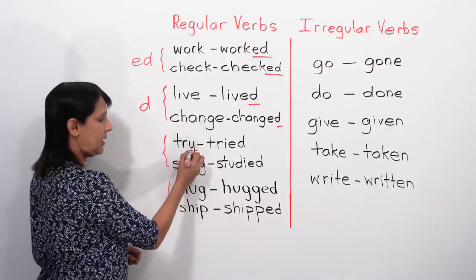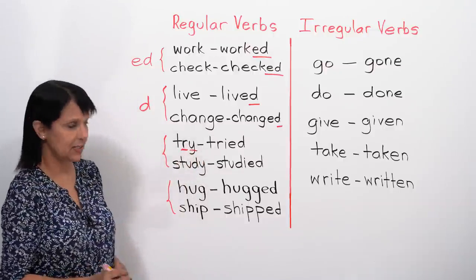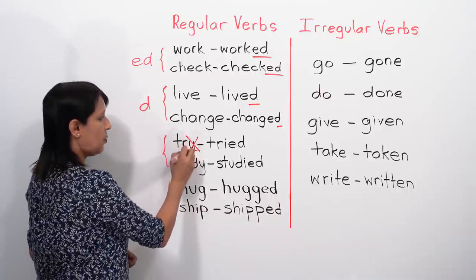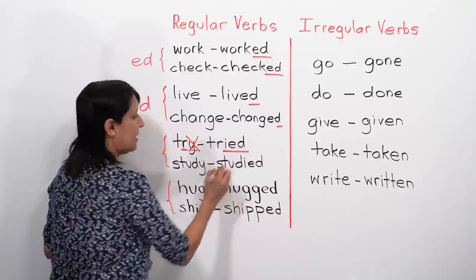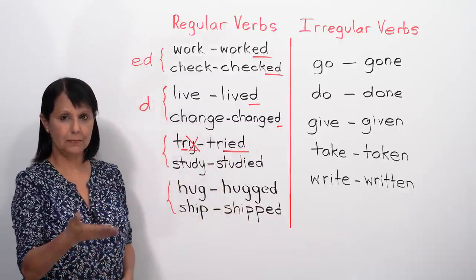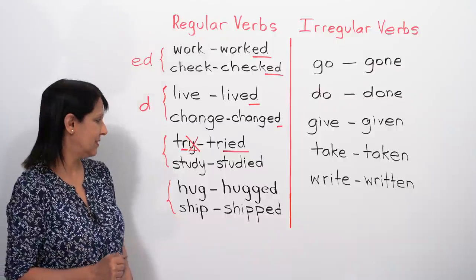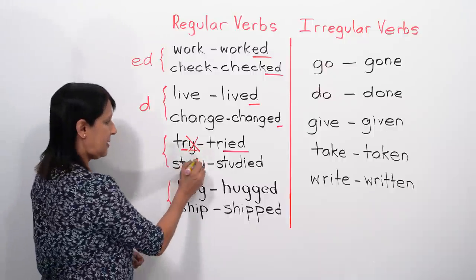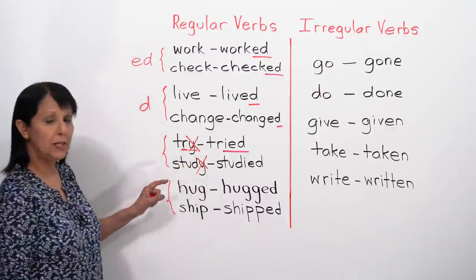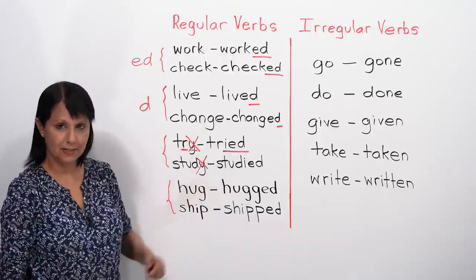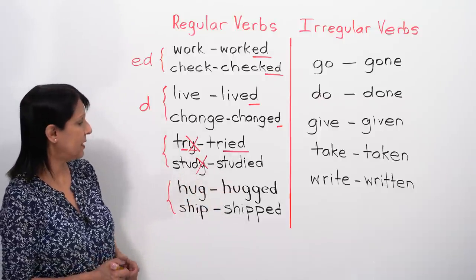It ends with y and before it is a consonant. Then what we do is we cancel the y and add ied. So try becomes tried. Study becomes studied, right? Same thing. I will have tried my best. I will have studied for the exam, right?